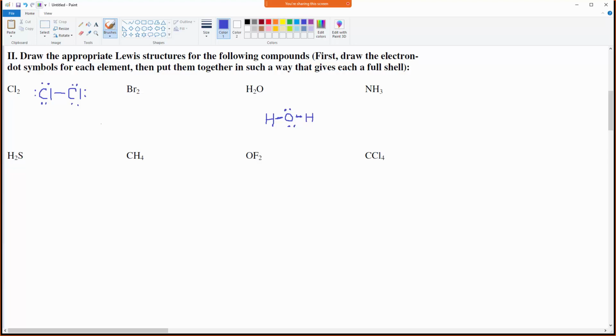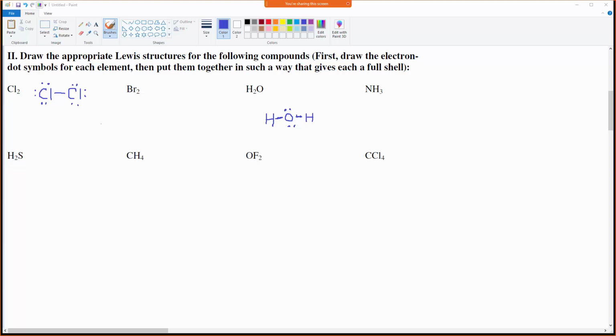And when we are drawing Lewis dot structures for things that have a little bit of a more complicated structure, we're going to have to follow some more advanced rules, okay? And I've got these rules in your lecture notes.